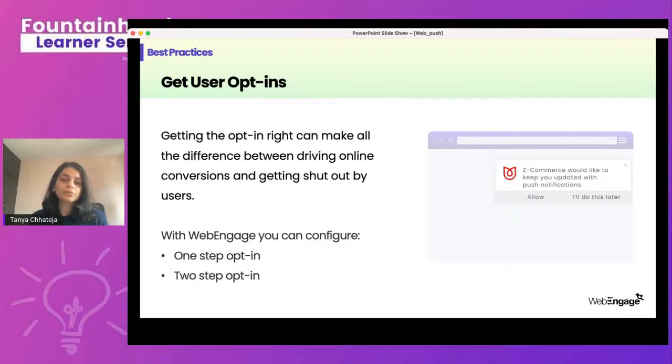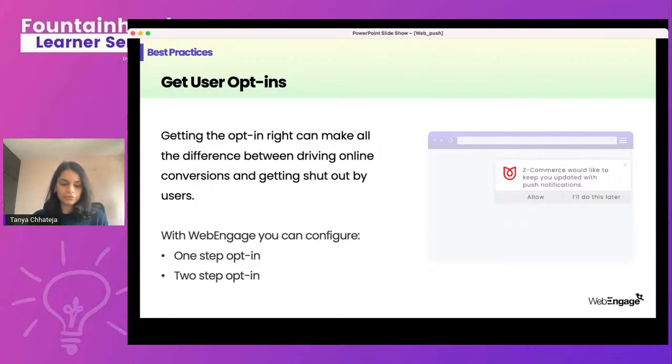What you can also do at the two-step user opt-in is you can select where you want to send that on-site notification to collect the user opt-in. Now there are four things that I would recommend you do if you're going for a two-step opt-in.